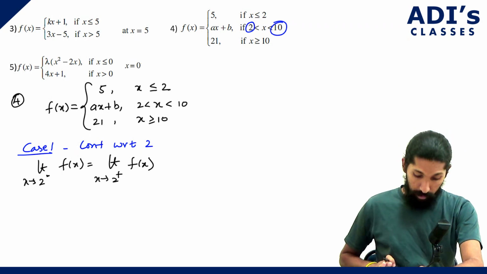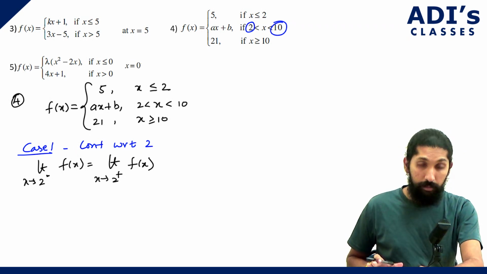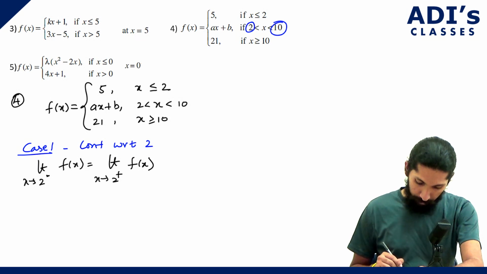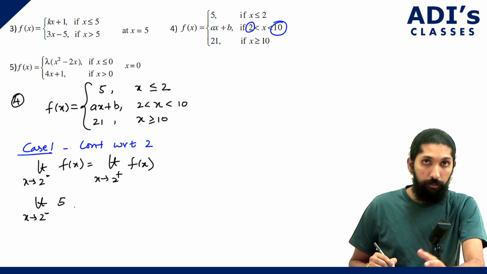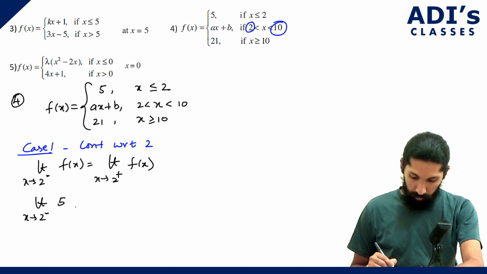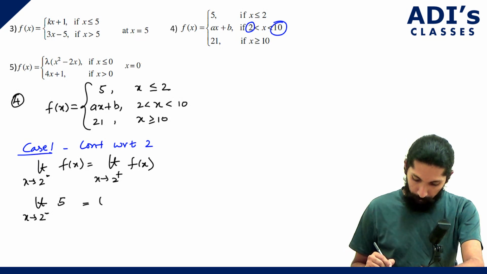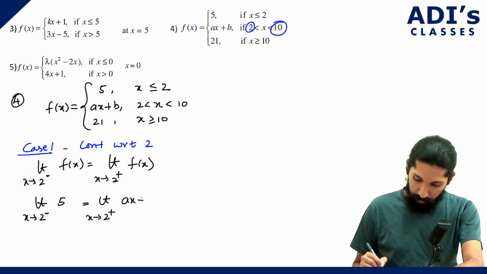Correct? So when you talk about 2 minus, what do we have? Limit as x tending to 2 minus, the function is 5. That's all. The value of the function itself is 5. So this is equal to limit as x tending to 2 plus ax plus b.